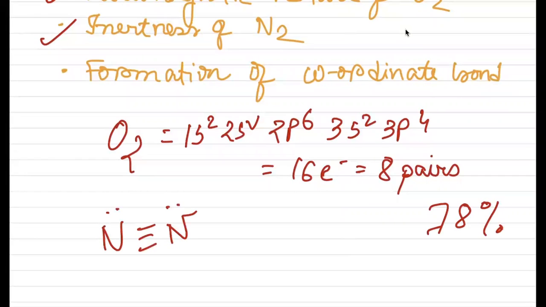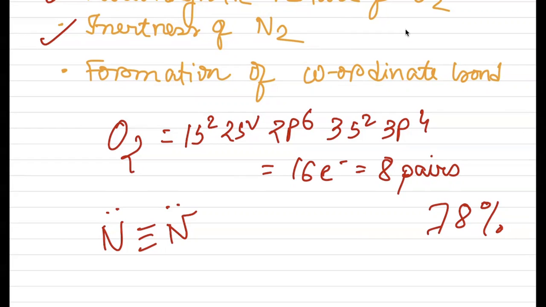If nitrogen were reactive, continuously millions of reactions would be taking place in the atmosphere. But that does not happen. It is totally inert.